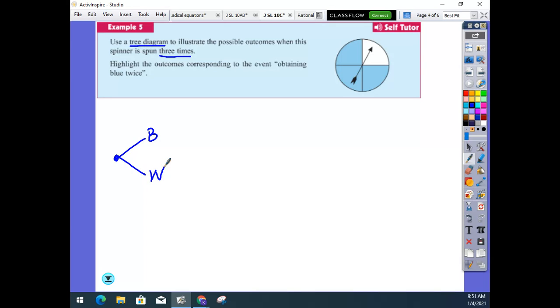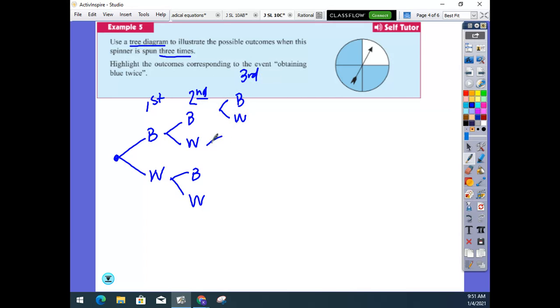The book says blue and not blue. Doesn't matter. Oh, I guess it does. I wasn't looking right. Okay. And so this is your first spin. Then we can go blue, white, blue, white. So this is our second spin. And then our third.